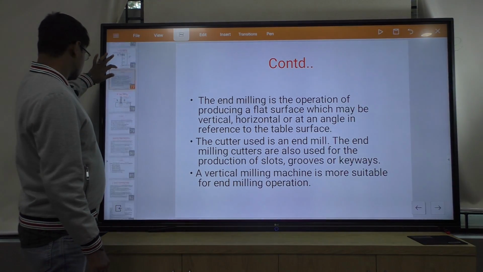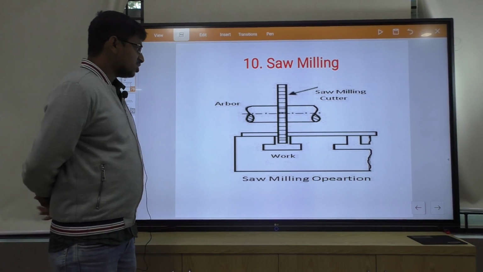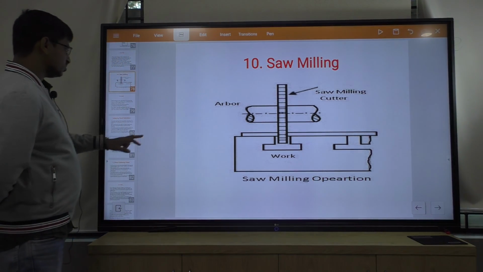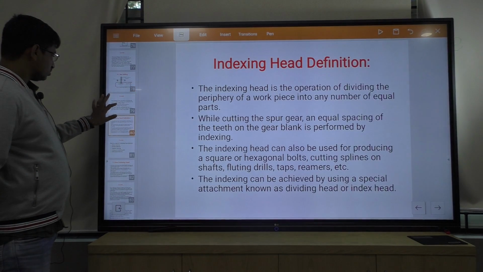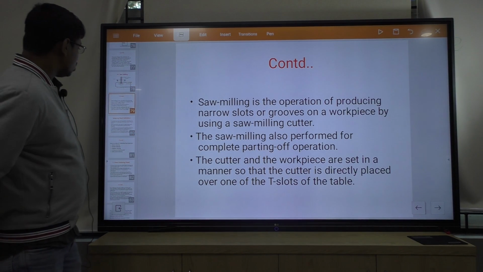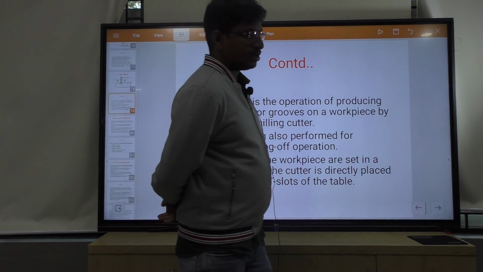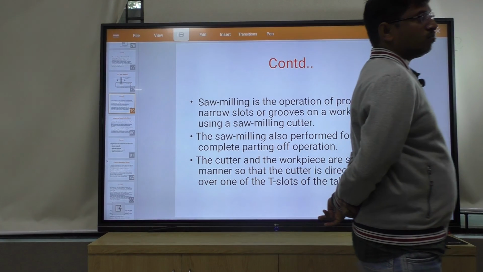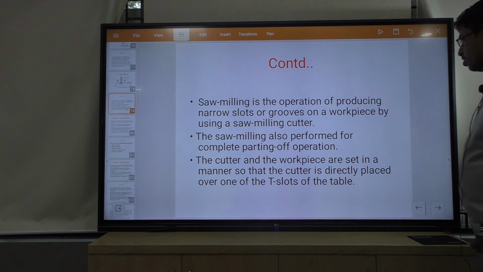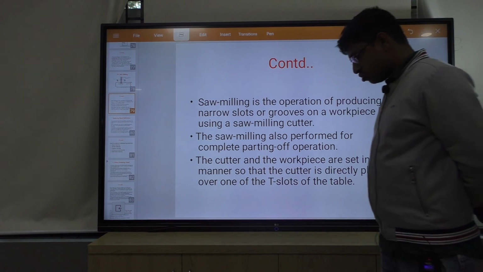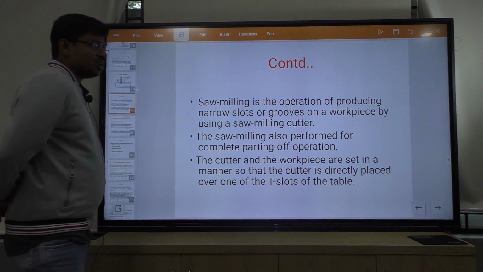Then next is the saw milling cutter. This is the diagram of saw milling. Saw milling is the operation of producing narrow slots or grooves on a workpiece by using a saw milling cutter.